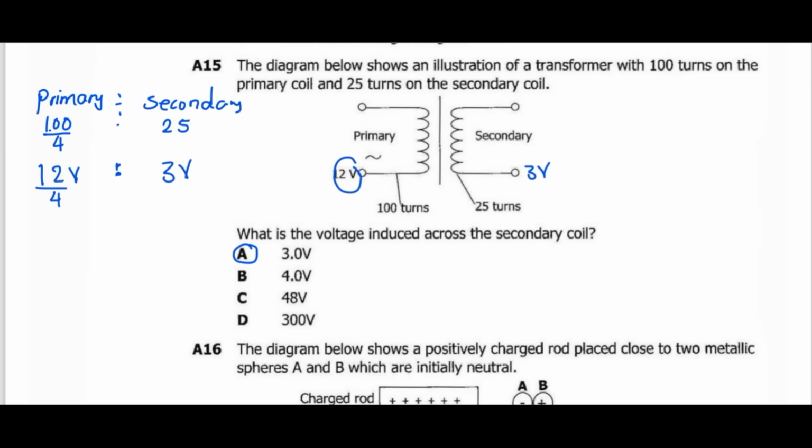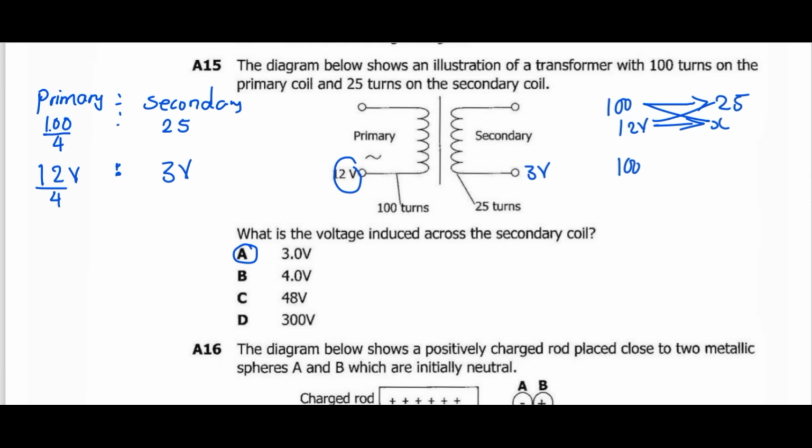How can we answer the same question another way? We can also do it like this. So we know that 100 turns is equal to, let's look at it, 25. Then here we have 12 volts. Then we can put x and we cross multiply.